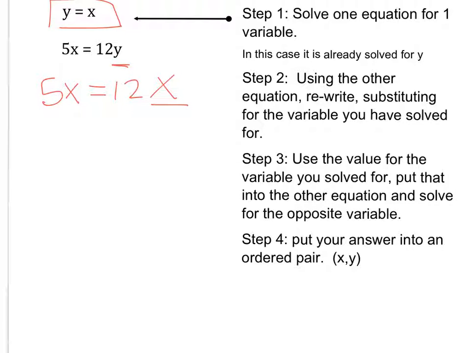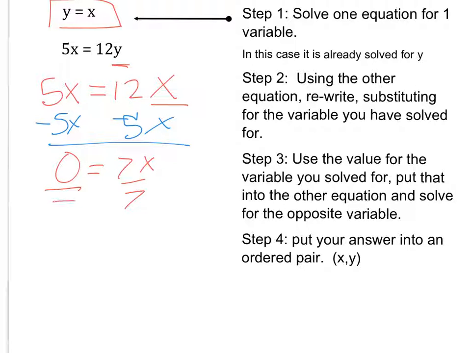So we have 5x equals 12x. We can go ahead and subtract 5x from both sides, and you get 0 equals 7x. When we divide by 7, if we have 0 divided by 7, x equals 0. So again, that's one of our ordered pairs.